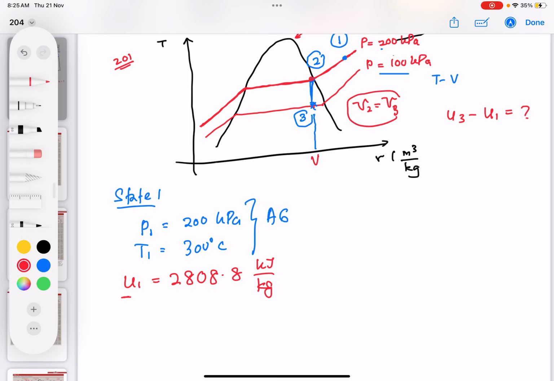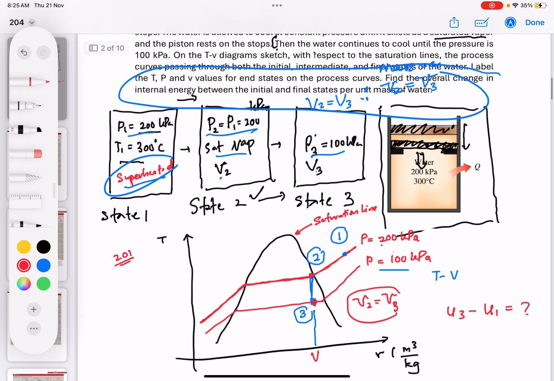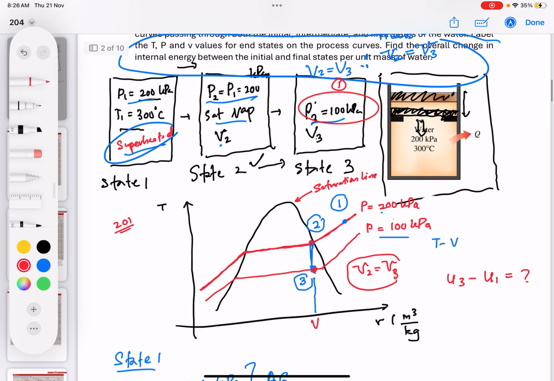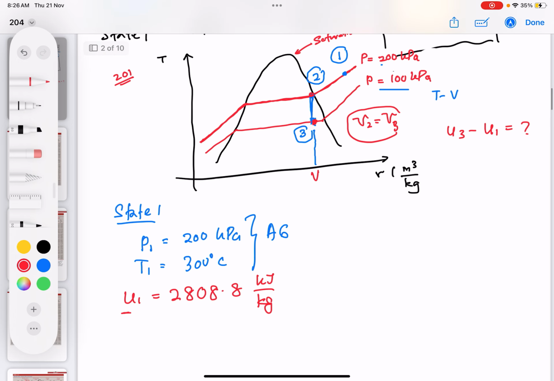Therefore, I need to find the value of Vg here, because otherwise my information won't be sufficient. Notice that for state 3, I only have one piece of information, I only have pressure. By knowing only one property, I cannot really use my steam table. Therefore, I need to find my specific volume at point 2 here.